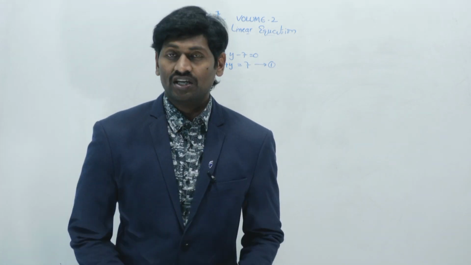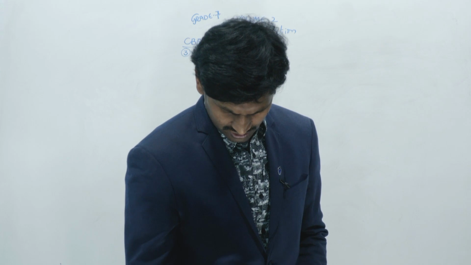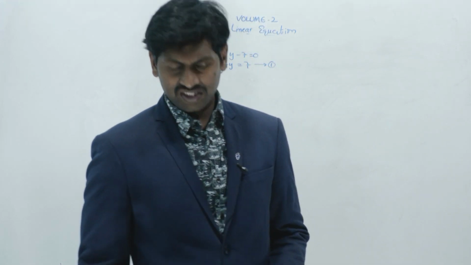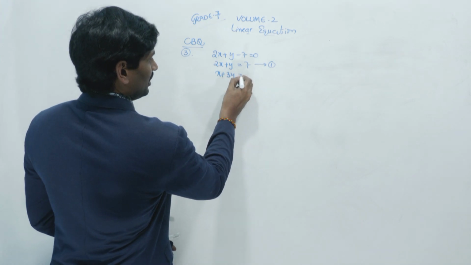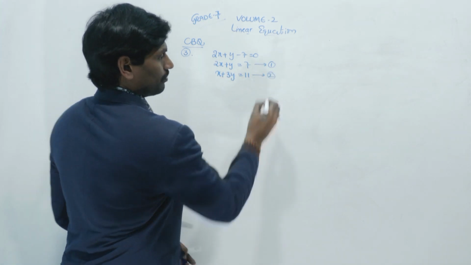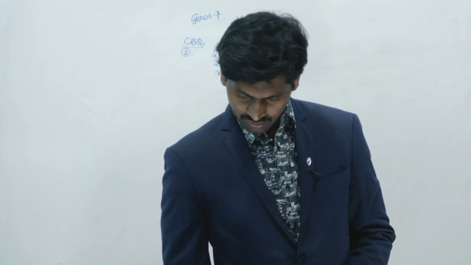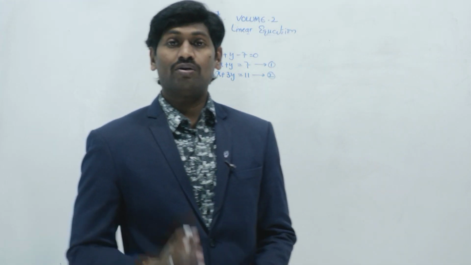Now the second equation is x plus 3y equals 11, equation number 2. By solving these equations, which value should we find? We have to find the value of y.